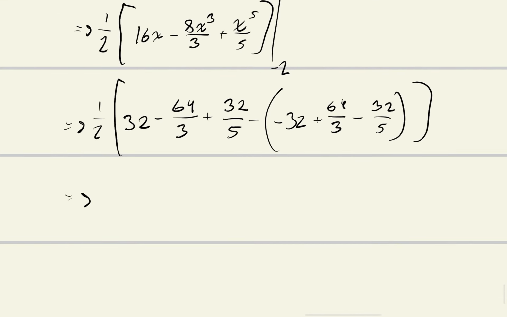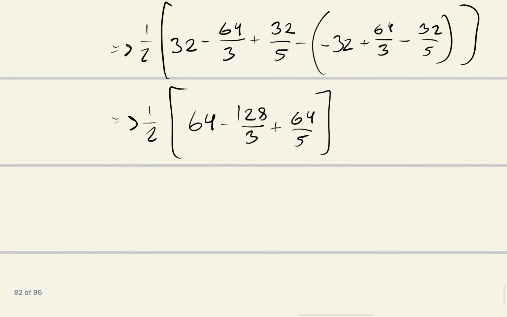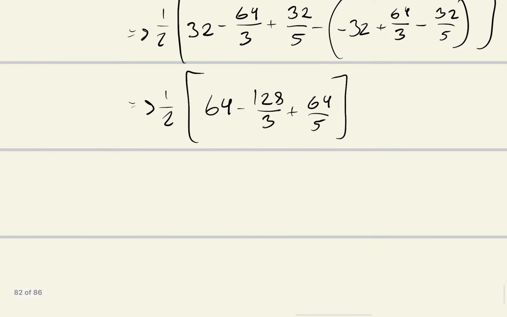We can do some simplifying. 64 minus 128 over 3 plus 64 over 5. We can do some more simplifying.